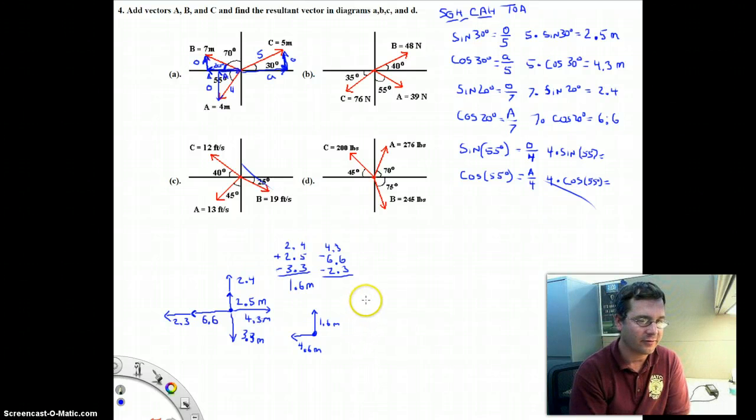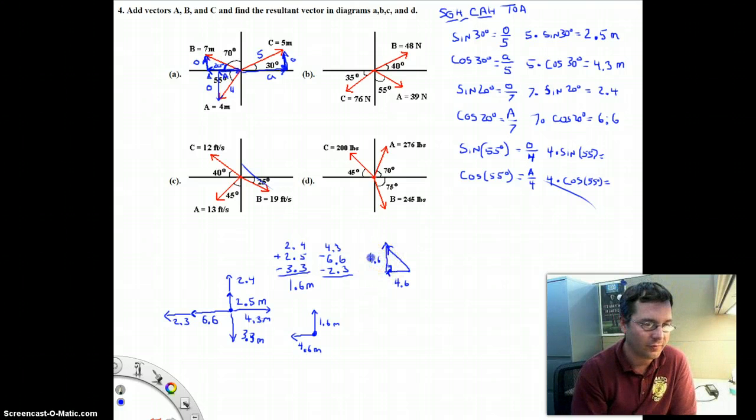Now we're not totally finished here because we still need to get these two components resolved back into a single vector. So remember the process for that is we're going to slide those head to tail. So I'm going to redraw my 1.6 meter vector here. I'm going to redraw my 4.6 meter vector here. And I'm going to figure out the length of this resultant. Well, remember that by definition this corner is 90 degrees because we said the 1.6 meter vector was straight vertical and the 4.6 meter vector was straight horizontal.